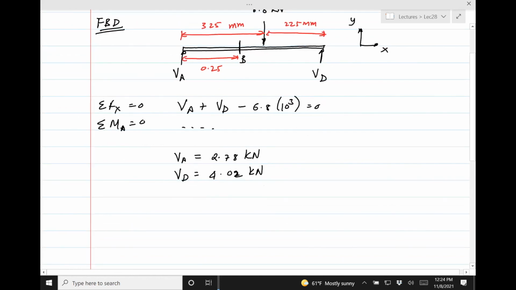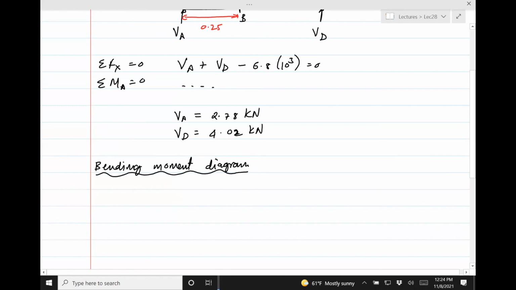Okay, so now we've got that. Let's do the bending moment diagram. We don't need to draw the bending moment diagram. It's already given to us.